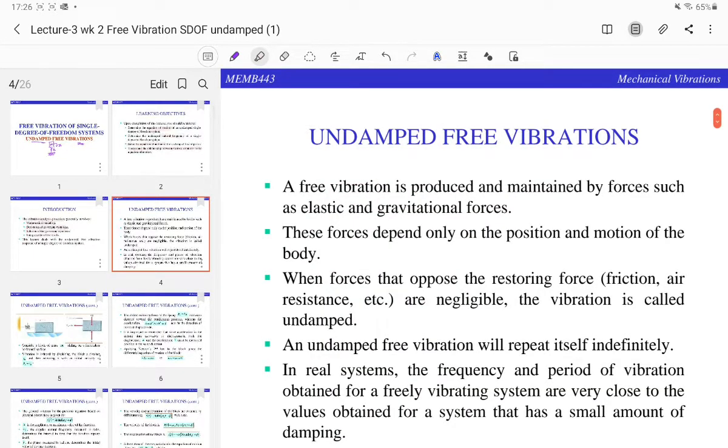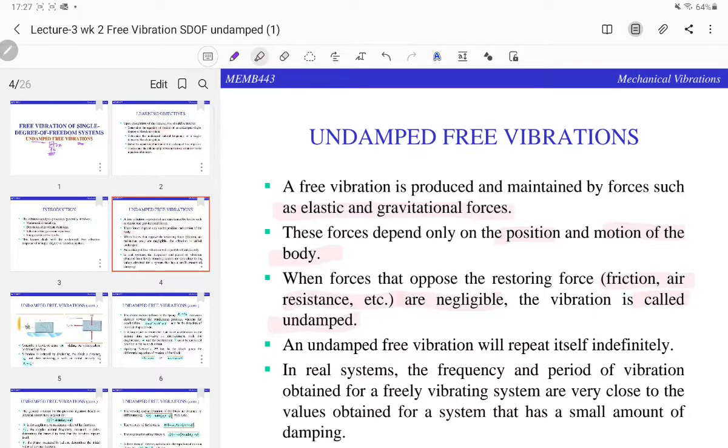A free vibration is produced and maintained by forces such as elastic and gravitational forces. These forces depend only on the position and motion of the body. When forces that oppose the restoring force, for example friction and resistance, are negligible, then we call it undamped.